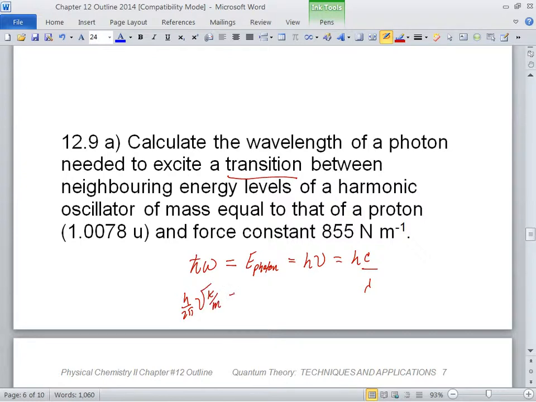Isn't that what omega is? 1.0073. But don't you have to convert it to kilograms? There you go. Convert that little u into kilograms using that concept preview that we talked about. So you can't plug in the u units. It needs to be in kilograms. So convert it into kilograms, and you'll be good to go.